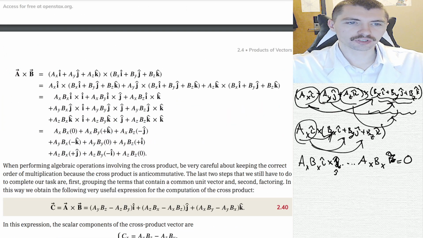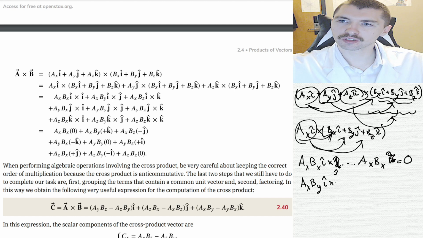But you will see when you get to AX, BY, the I component of the A part cross the J part. So yeah, I just miswrote this, but this next part is going to be AX BY, I times J is going to be K. Okay.